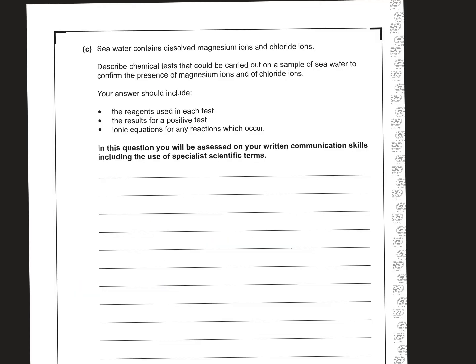Part C is about testing for magnesium and chloride ions. So we have to give chemical tests that could confirm the presence of these. So I'm going to start off with the magnesium ions first. Now what we can do for this is add sodium hydroxide solution.